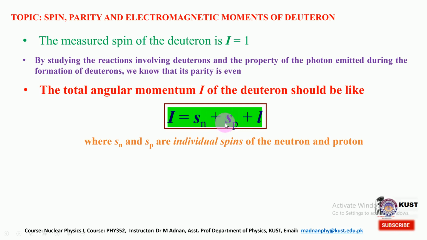So these are the intrinsic angular momenta, and this is due to the motion due to the central potential of the nuclei.